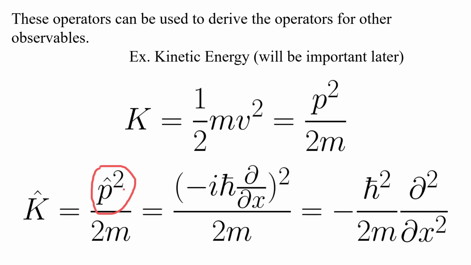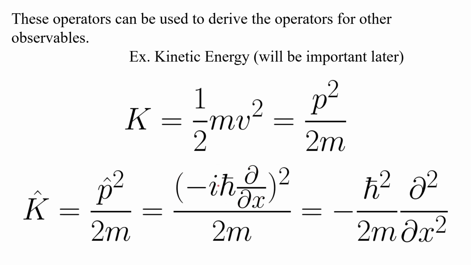Now, when I say squared, I don't mean multiplied by itself. I mean applied twice. So what does that mean? If you have negative i h bar times the partial derivative with respect to x squared, what that means is you're going to apply this one big operator twice.